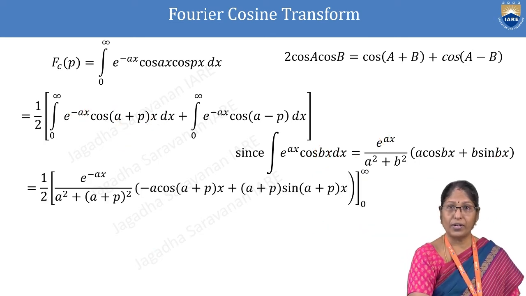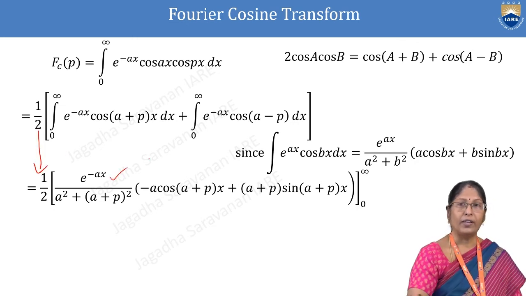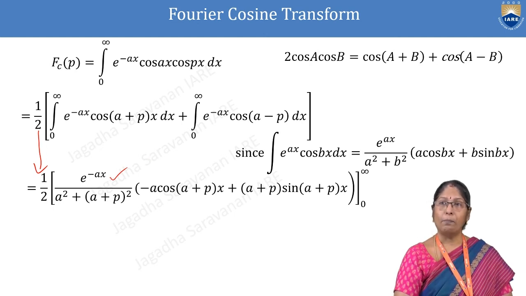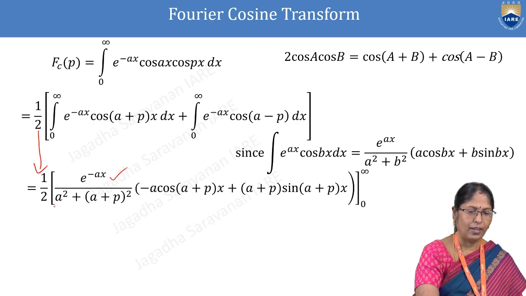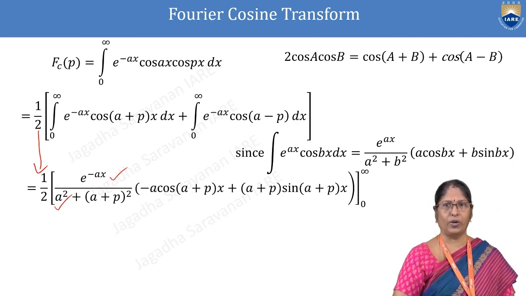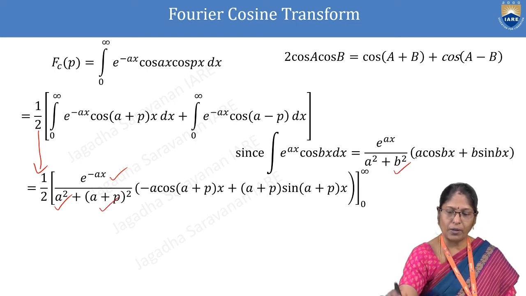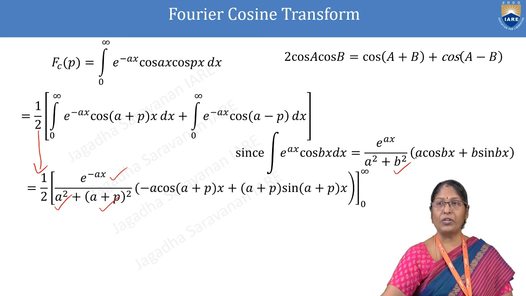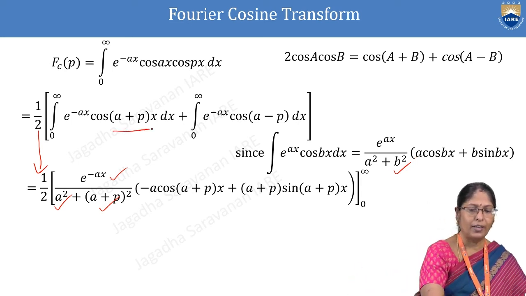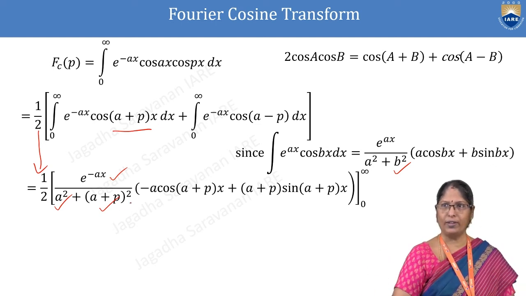That is the first one, we will do it now. So the first integral is 1 by 2 e power ax, but according to our problem, e power minus ax, a square, that is minus a the whole square, is a square. Here actually b square according to the formula, but according to our problem it is a plus p, so a plus p the whole square.